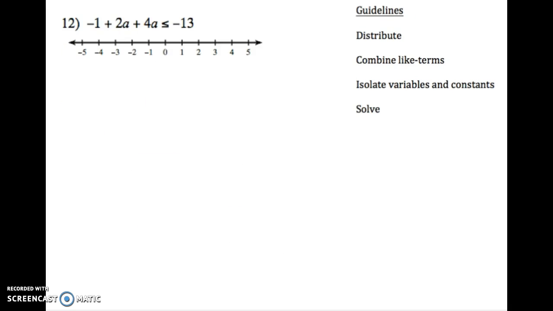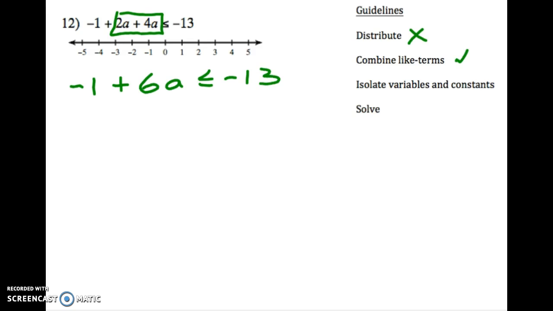Number 12, moving on. Nothing to distribute this time, but we do have some like terms to combine right there. There's the 2a and the 4a. So the 2a plus the 4a should give us 6a. Once again, I tend to like to keep my variables on the left, so let's move that constant to the right.